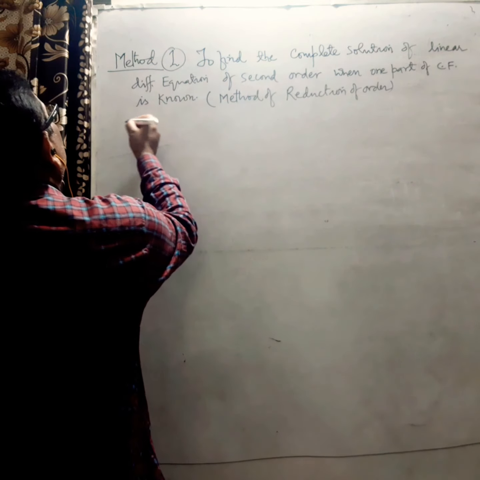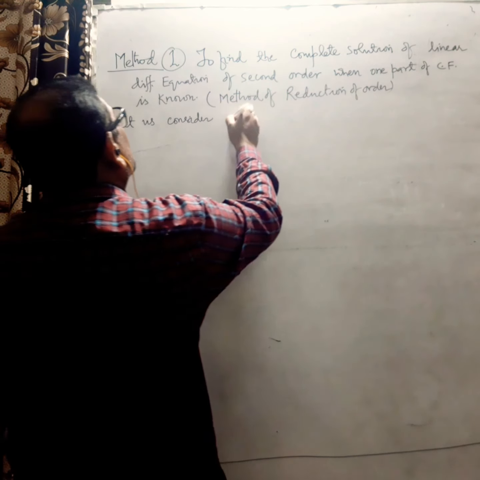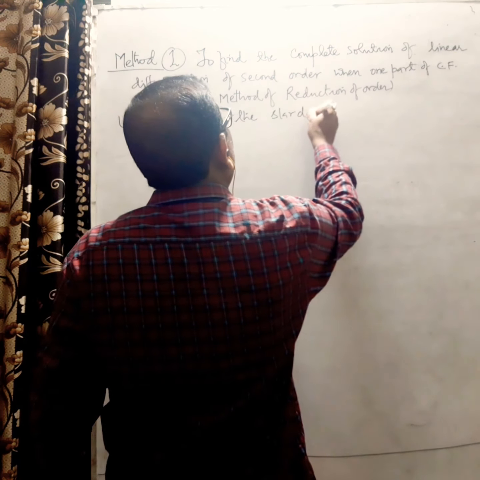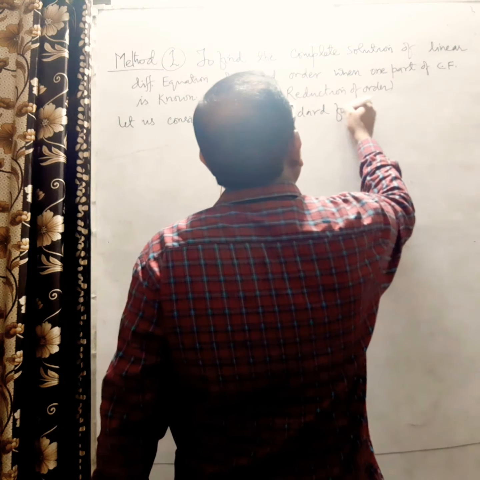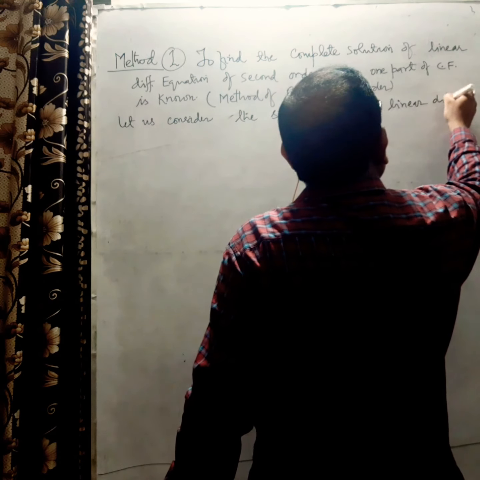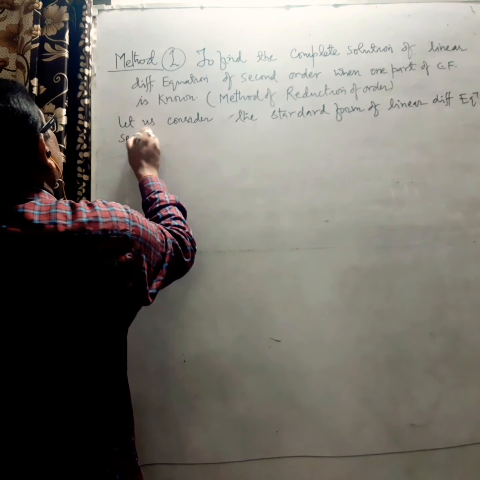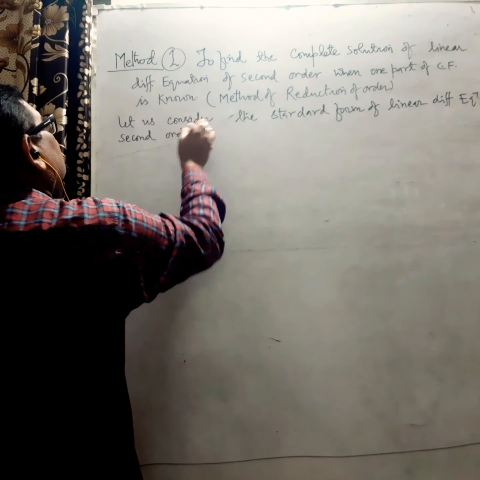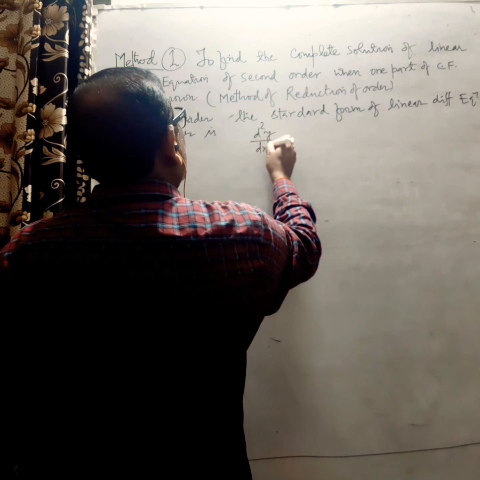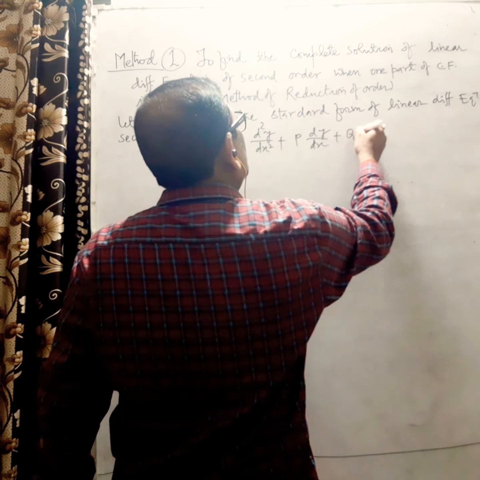We know that, let us consider the standard form of linear differential equation of second order: d2y upon dx square plus p dy by dx plus qy is equal to r.